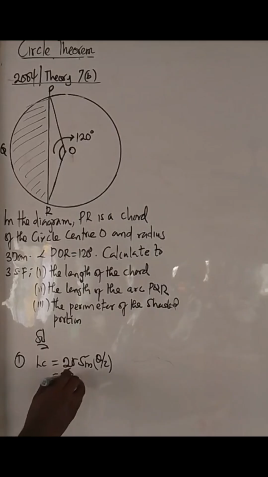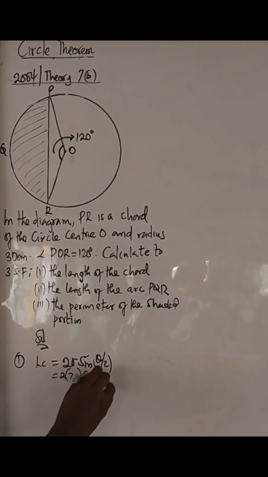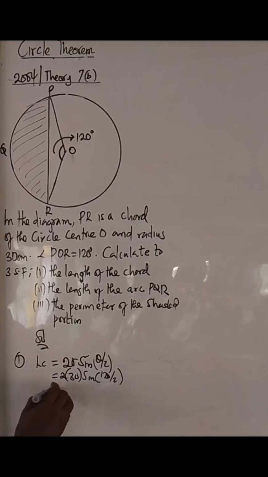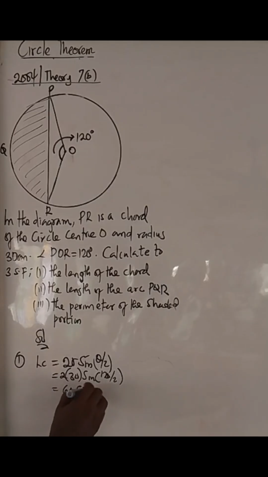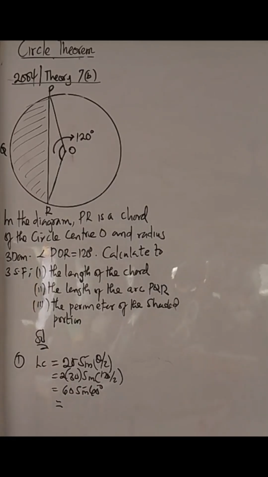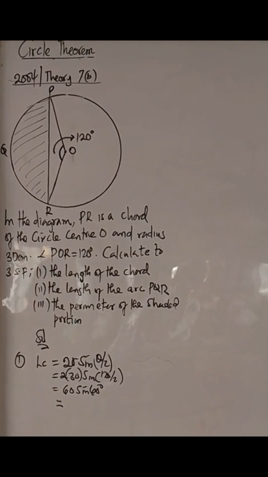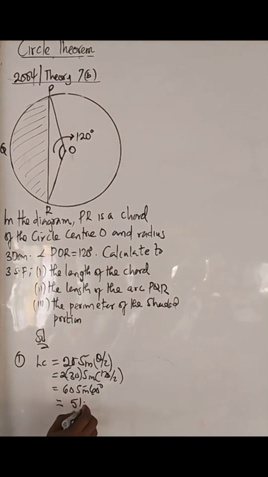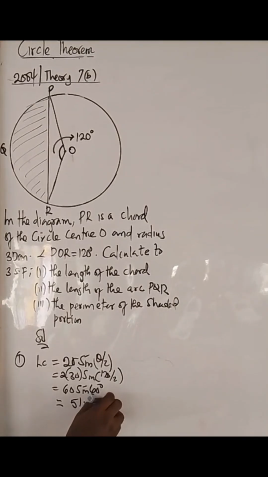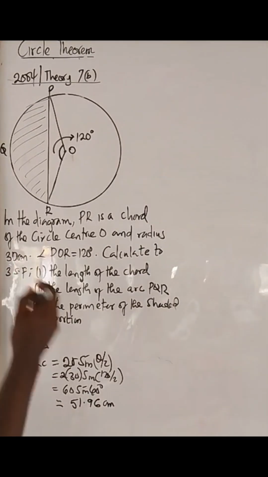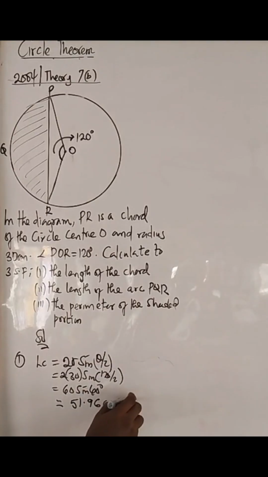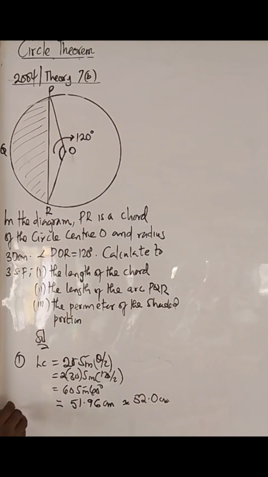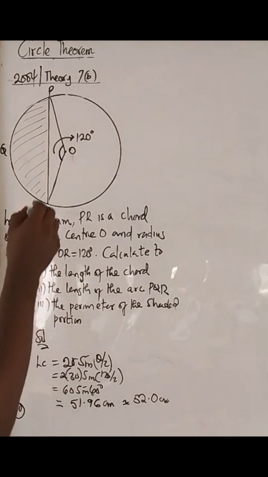So that's 2 times 30 times sine 120 over 2. So that's 60 sine 60. And the final answer is 51.96. So to 3 SF, that should be 52.